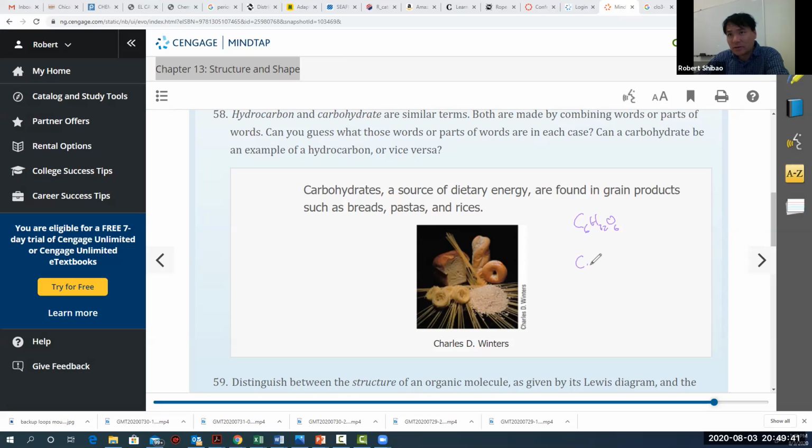Sucrose would be C12H22O11. Look at the hydrogen to oxygen ratio. It's 2 to 1. So this is sucrose, and this is glucose. They have this hydrogen to oxygen ratio of 2 to 1. So it's carbon with kind of a hydrate, but there's no water in there, of course. It's just a 2 to 1 ratio.